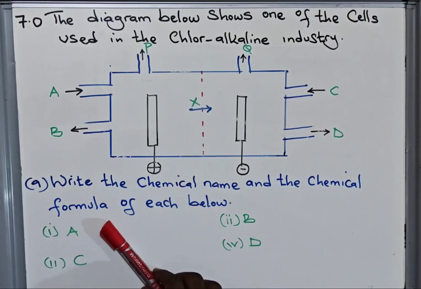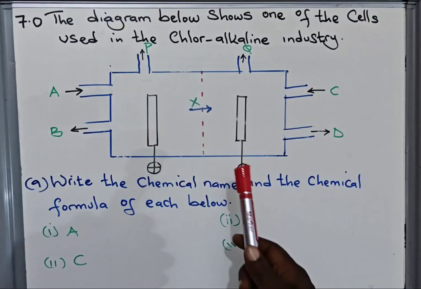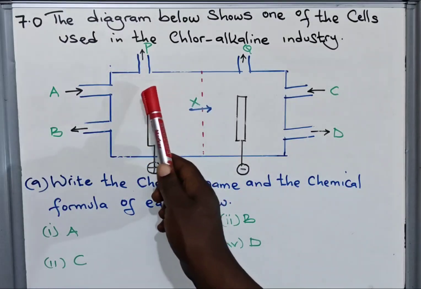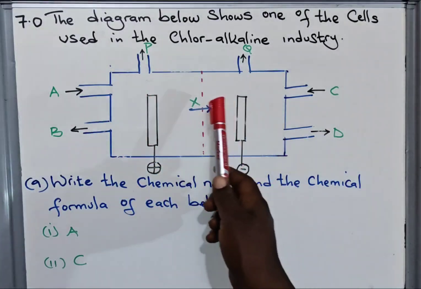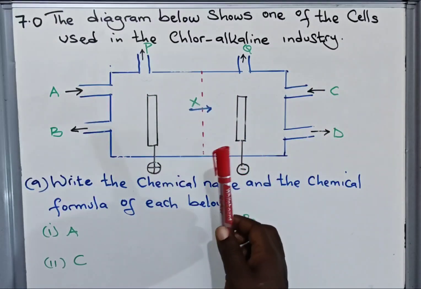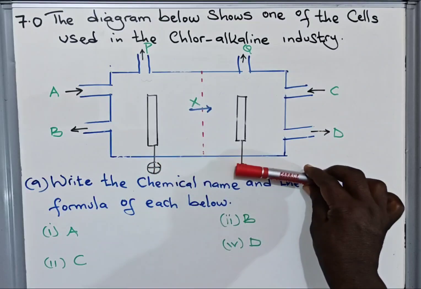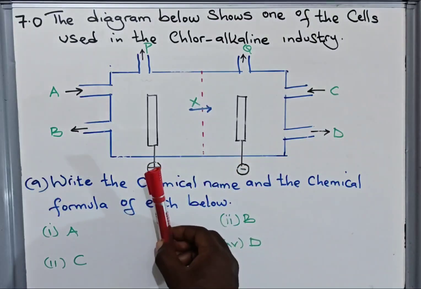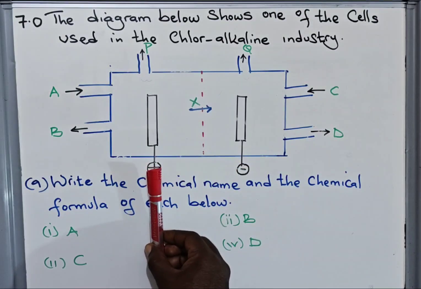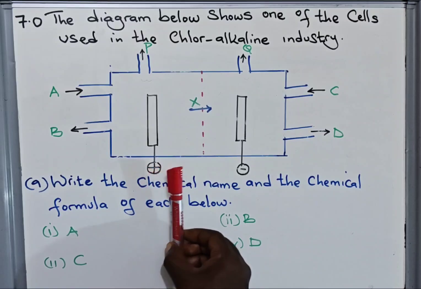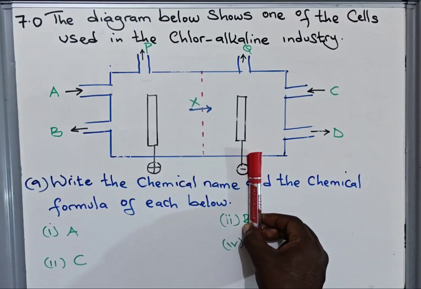Okay, the first one is A. How do we tell what A is? In order to start with identifying what we have here, we need to look at the polarities. We know this is positive, indicating anode, and this is negative, indicating cathode.